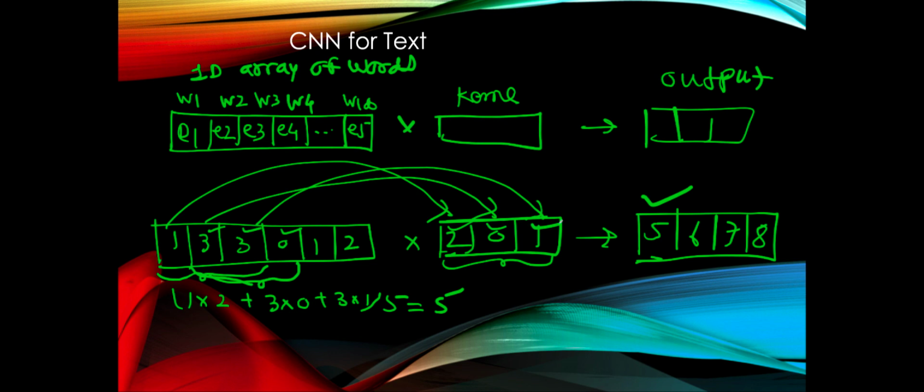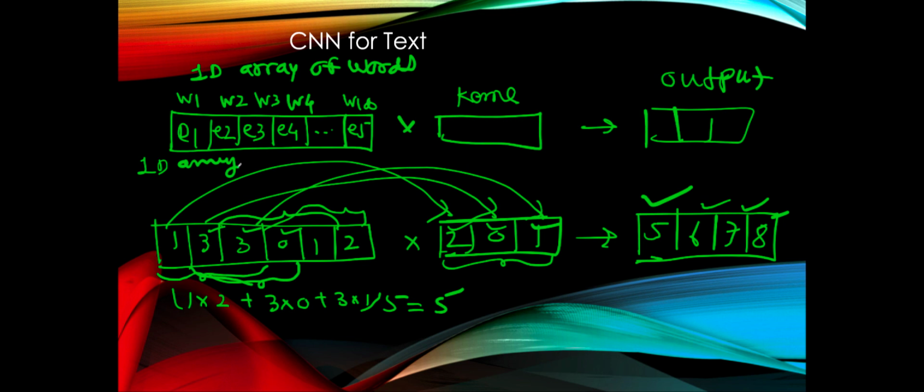Then we select the next window, from here to here, and then the last window from here to here, and calculate the other two elements. So this is how we use convolution for text. The process remains the same, but here instead of a 2D array, we just use a 1D array. So in case of text, we call it a 1D CNN process.